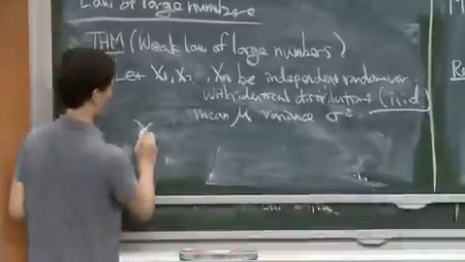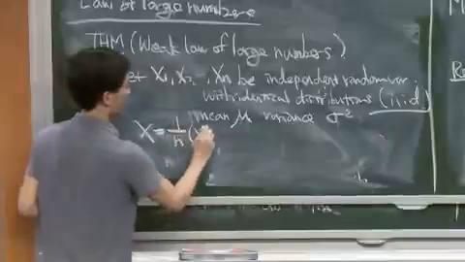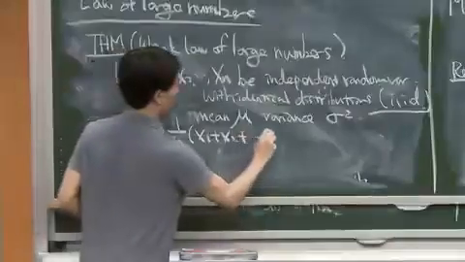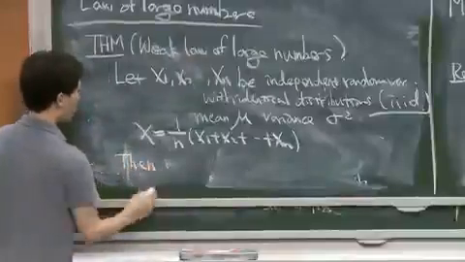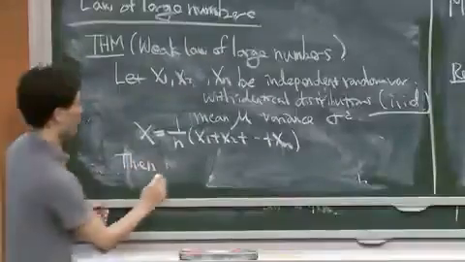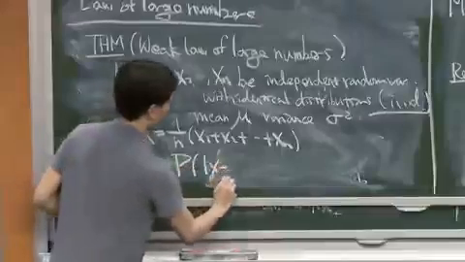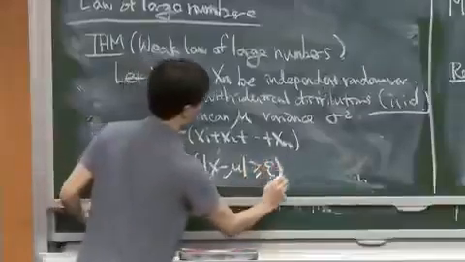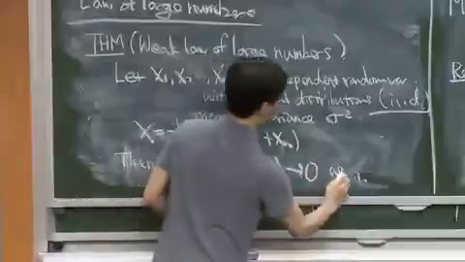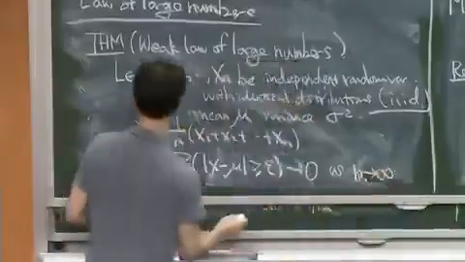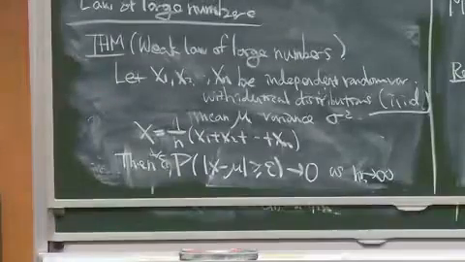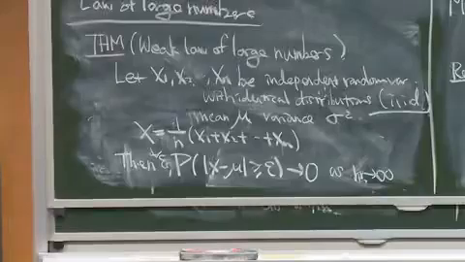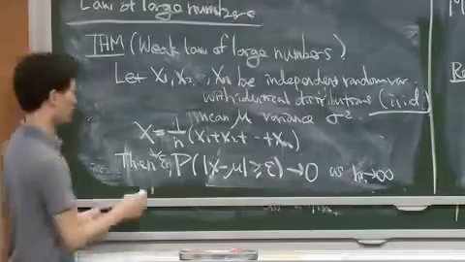Let's also define X as the average of the n random variables. Then the probability that X differs from mu by more than some positive epsilon goes to zero.